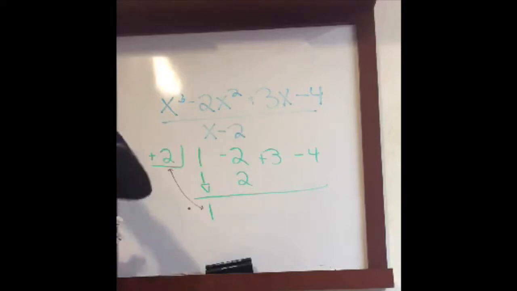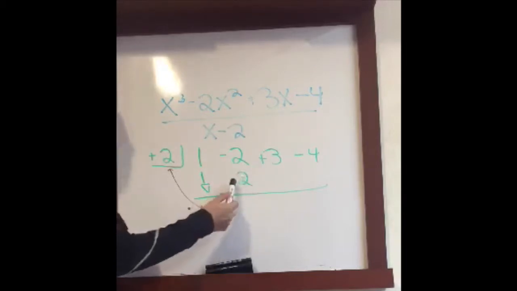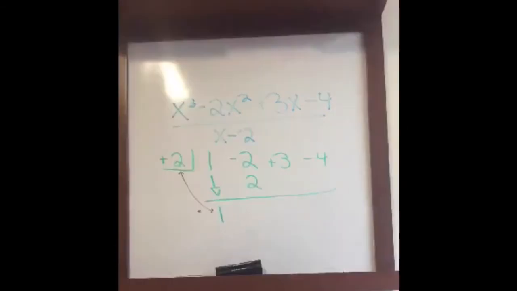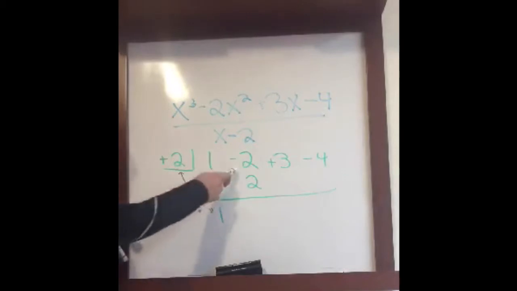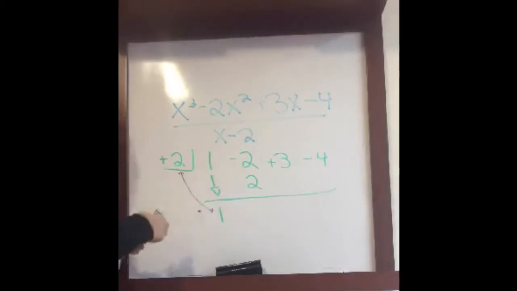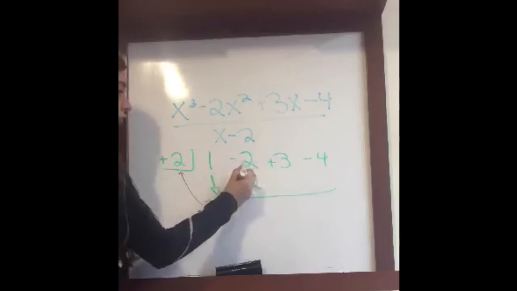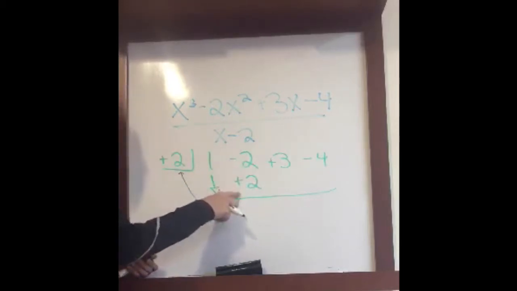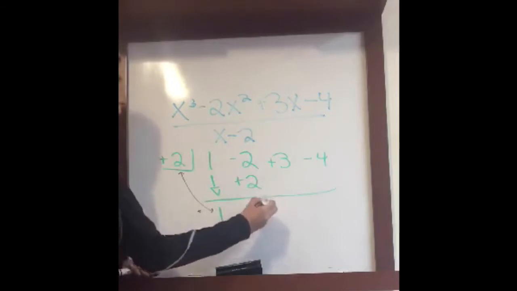Okay, so now that we have our 2, we are going to add these numbers together. It's one addition. So -2 plus 2 is equal to 0.